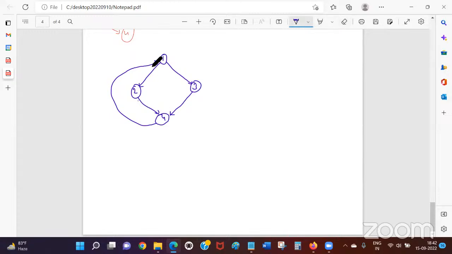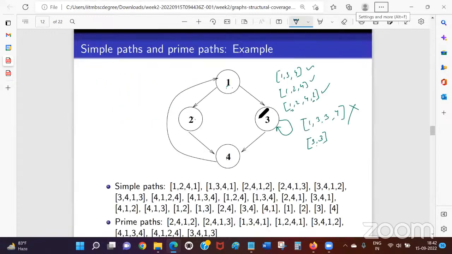Let me take all the simple paths we can have like this, right? As we solved here, let us take it from the smaller thing. I can have 1, I can have 2. I'll show the thing with another example because this is not an ideal example for showing this.